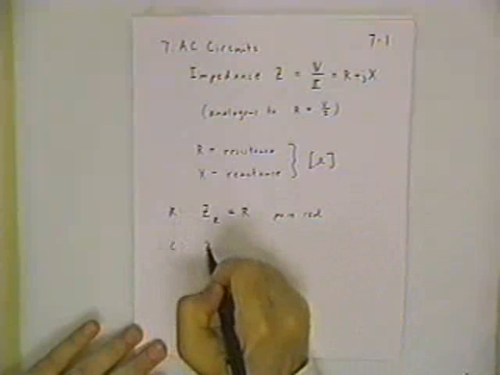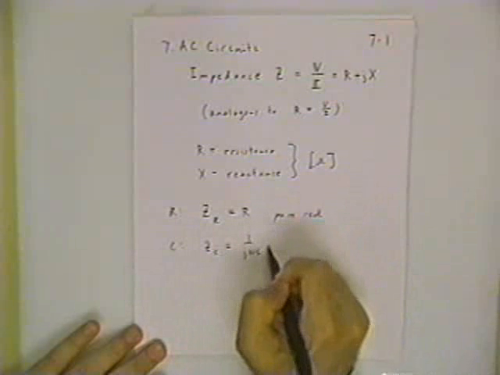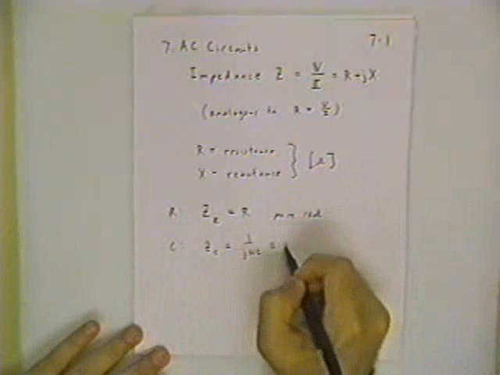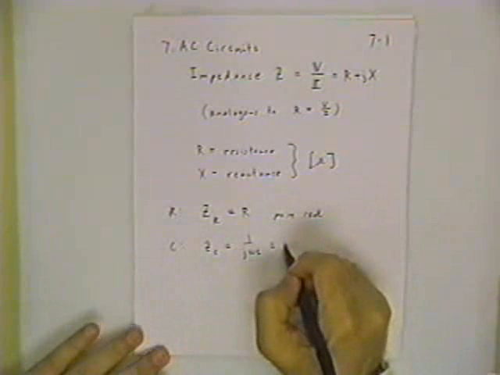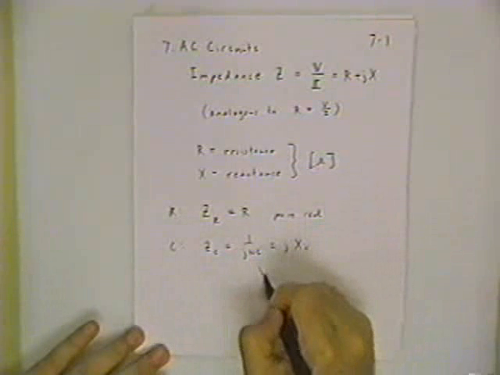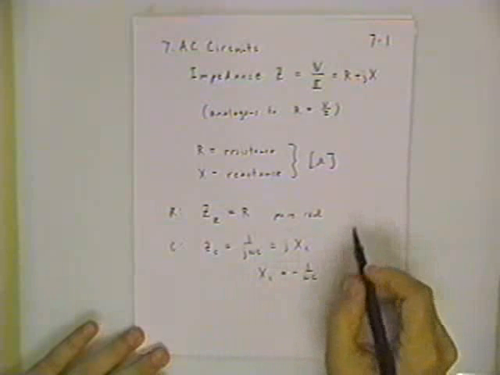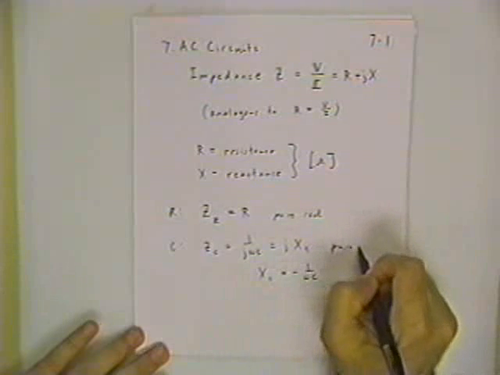For a capacitor, Z sub C is 1 over j omega C, or if you want to define that as j times X sub C, where X sub C is equal to negative 1 over omega C. This is a pure imaginary.